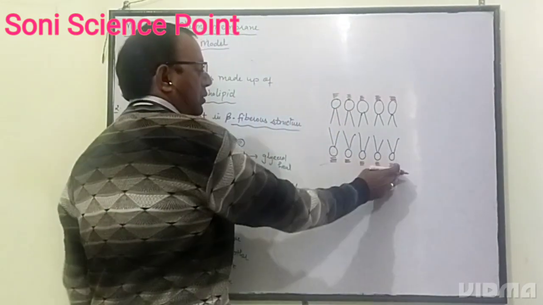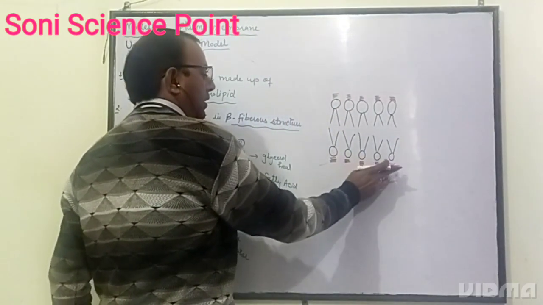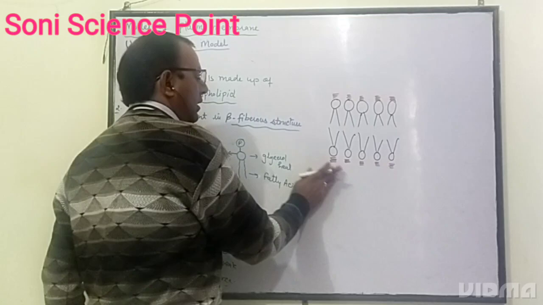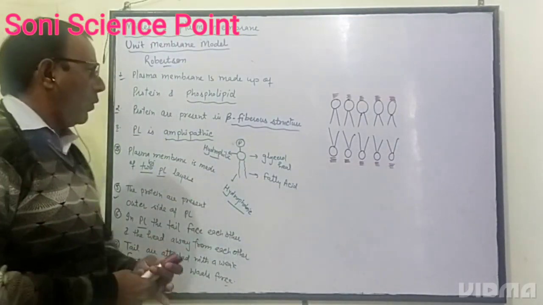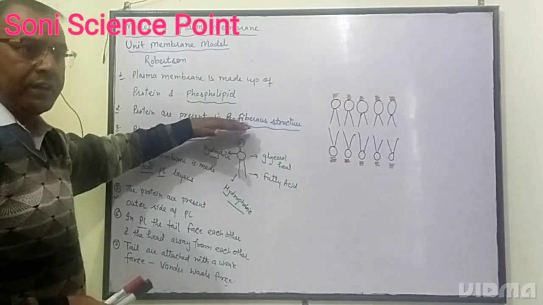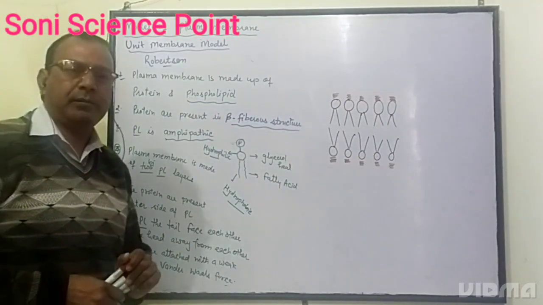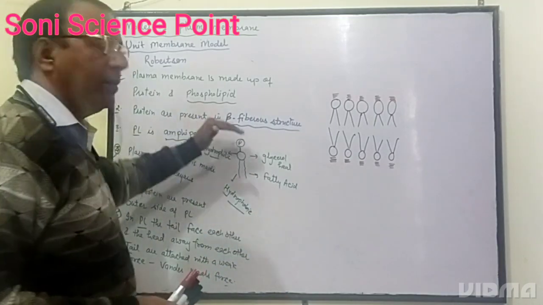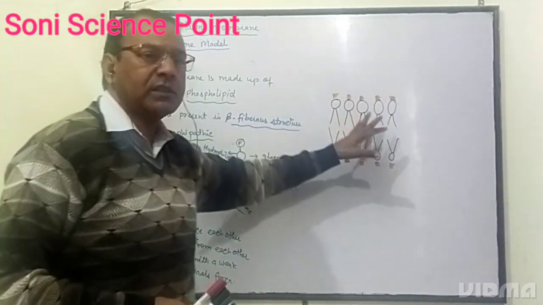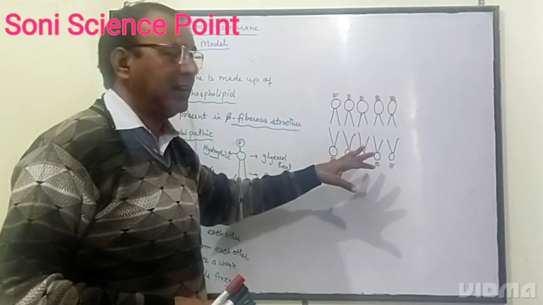This model was proposed by Robertson. Then what is the difference between the Danielli-Davson and Robertson models? Only the protein: in Danielli and Davson it was in alpha globular form, but in Robertson it is beta fibrous structure.